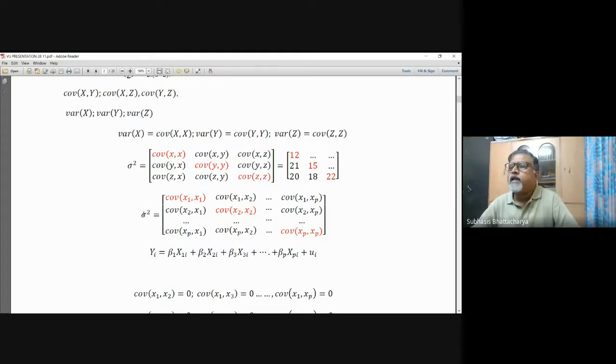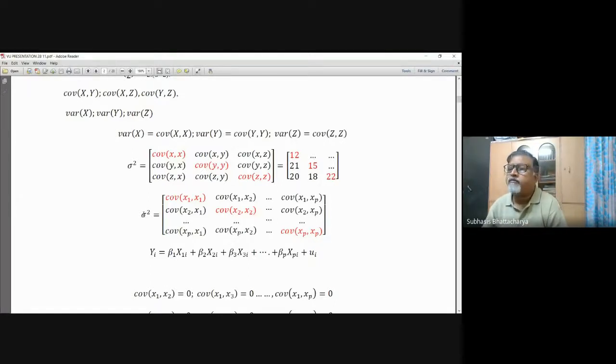So if these off diagonal covariances, in case of 3 variables or many variables, are non-zero, that means they are existing. Suppose in the 3 cross 3 covariance matrix, we found the covariance between x and y is 21. That means it is not zero. That means it is something.